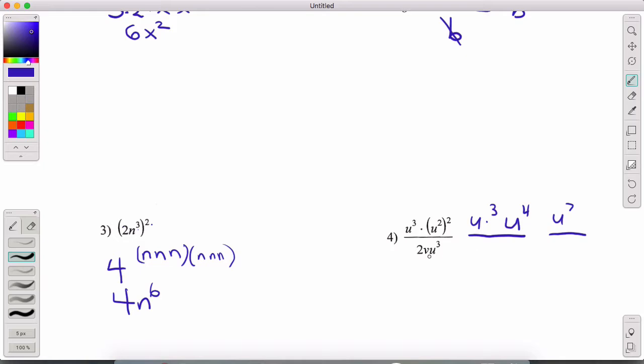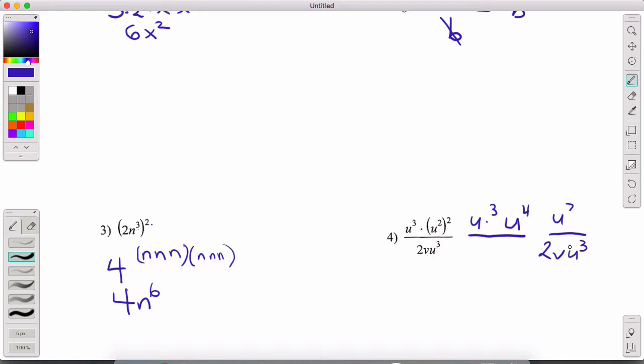In my denominator, I have a 2, a v, and a u to the third. There are no like terms to combine. There are no powers of a power. So I can just write out my terms. Now I just have one more step.